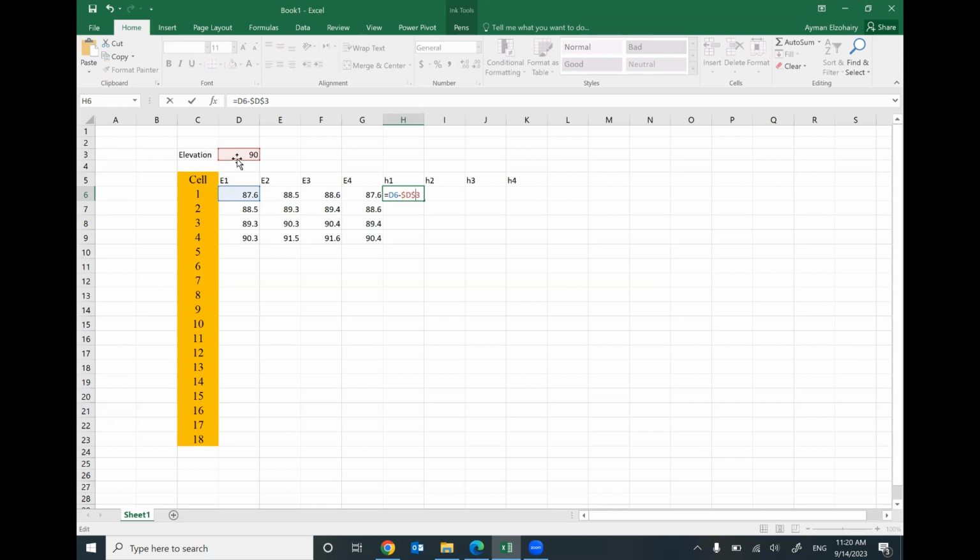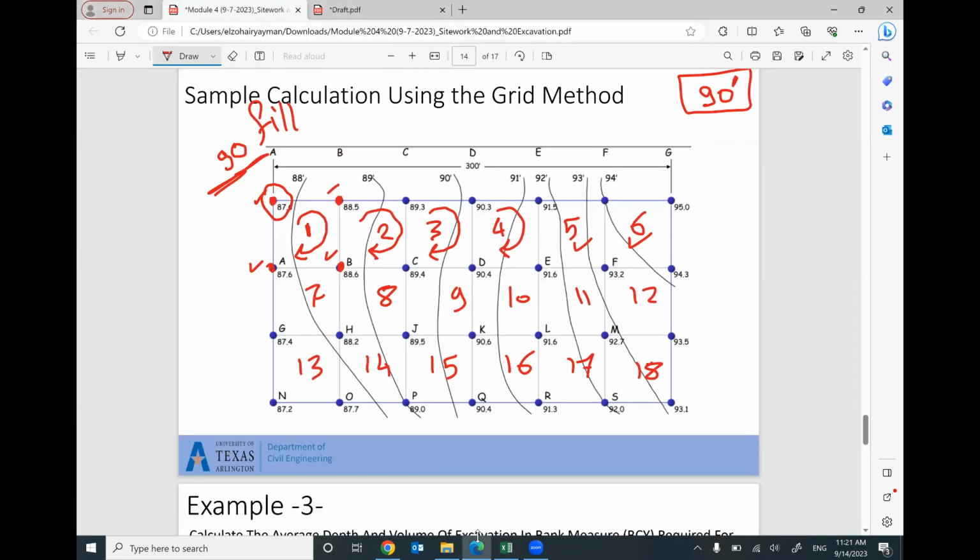So go ahead and use only this value in this cell. So I put the $ sign before D and before 3. That means this cell will not be changed, 90 all the time. I will have negative. Negative means filling. So if you have a negative value, that means it will be fill. You are going to fill soil. If you have a positive value, that means I'm going to do excavation, cut.